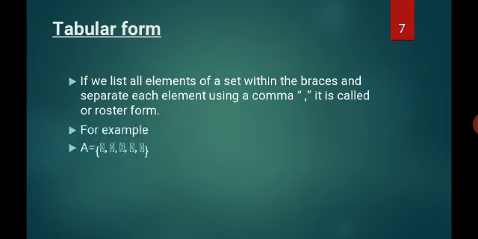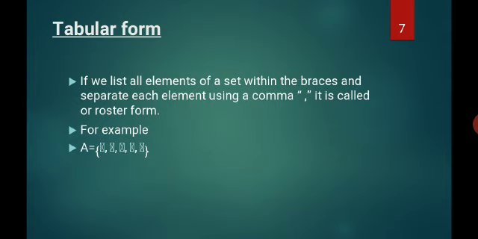We use brackets and commas. When we start to write in tabular form, we write a bracket and then we write the digits or English alphabets, anything, and then at the end we also mark a bracket. So this is called a tabular form.